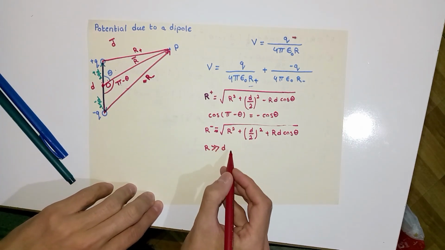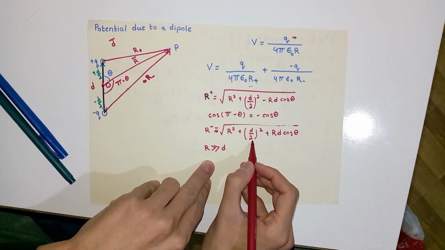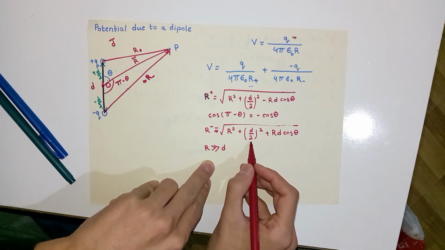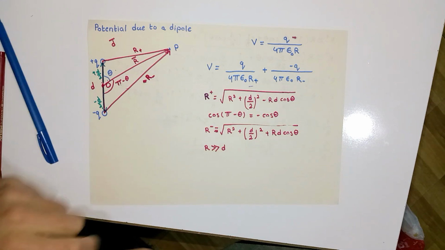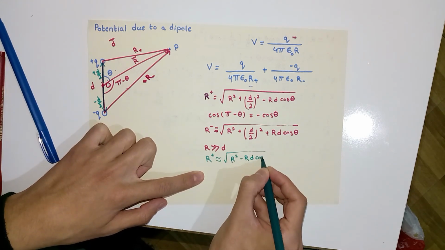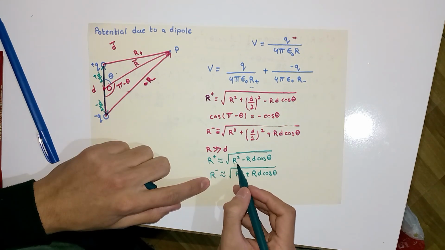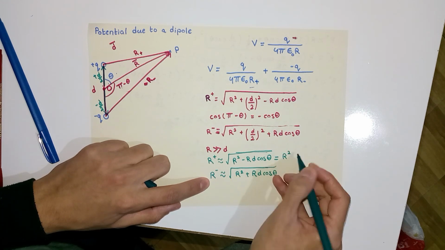Accordingly, this term d over 2 squared is small when we compare it with the other terms, so we can cancel it out from these two equations, and we will end up with, let me take r squared as a common factor from these two equations, and we will end up with.